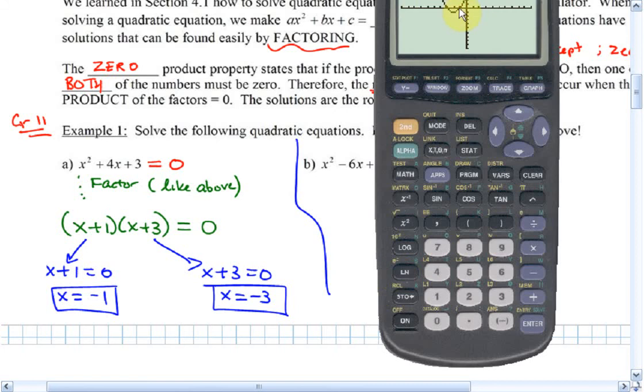Here and here. Let me zoom in just a little bit over here. Can someone tell me what they are by looking at this right now? What's this value here going to be? Not 1, careful. Negative 1. What's this one over here going to be? Negative 3. Same thing as the factoring.